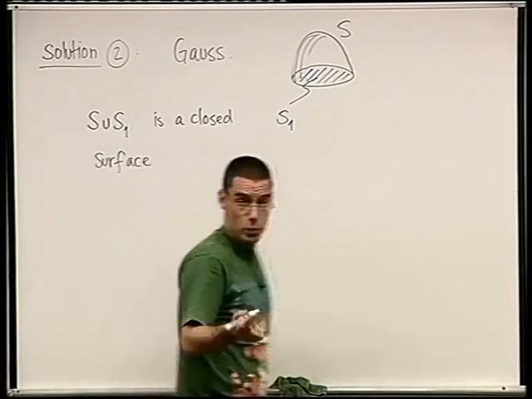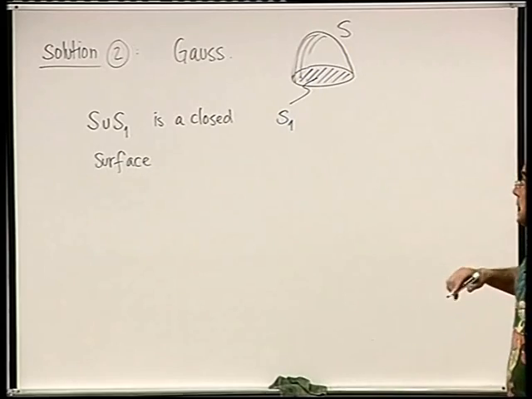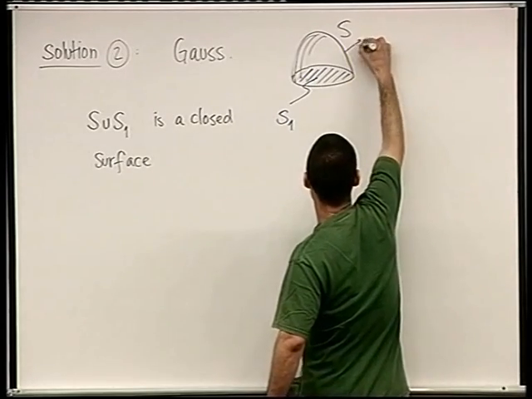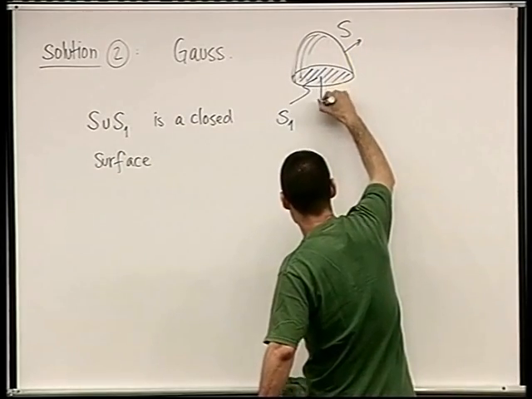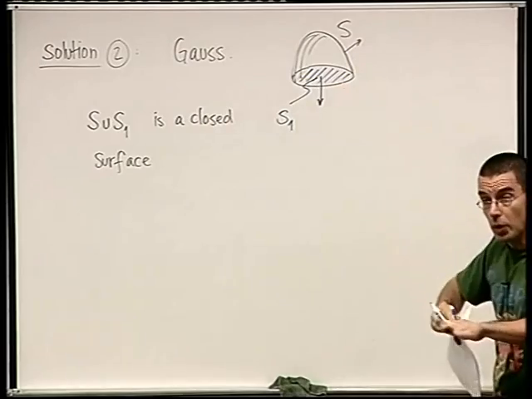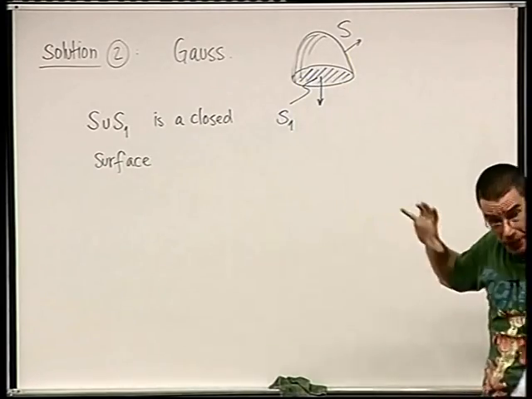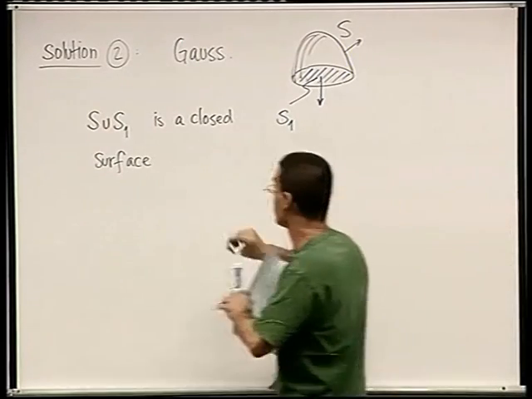It's piecewise smooth. It's comprised of two smooth surfaces. Okay. The normal is going to point outwards. So let's assume that the normal on S is pointing outwards. I'm going to take the normal on S1 to point downwards. Therefore, the normal on the S union S1 is pointing outwards, right? And now I can use Gauss.